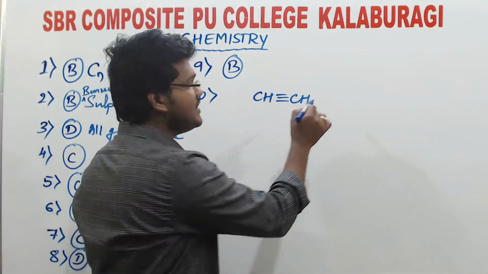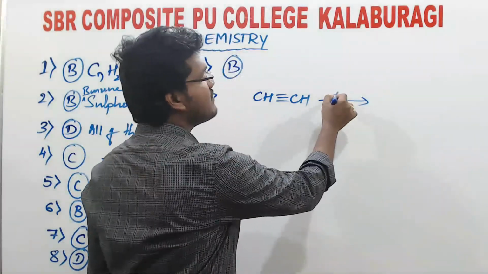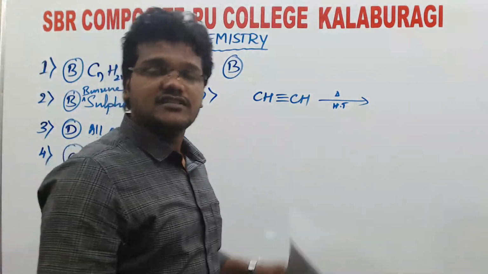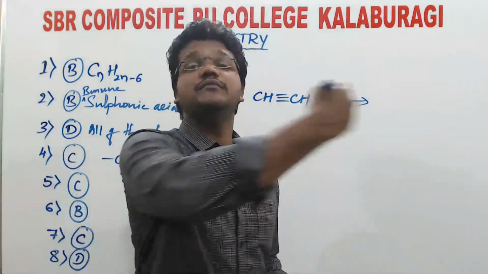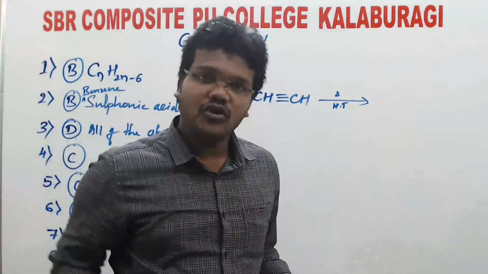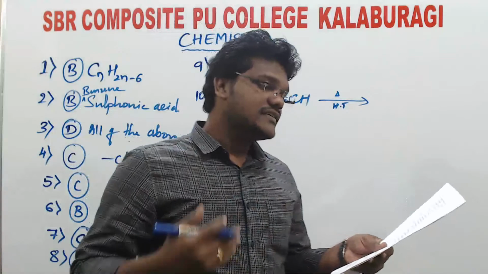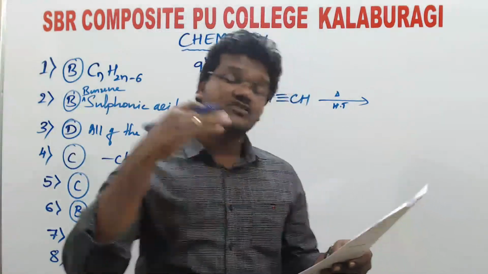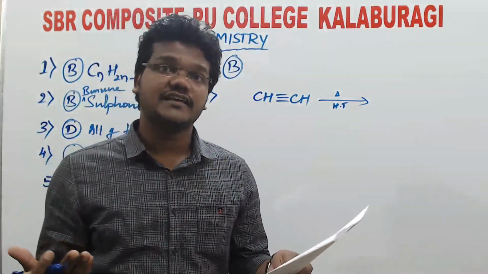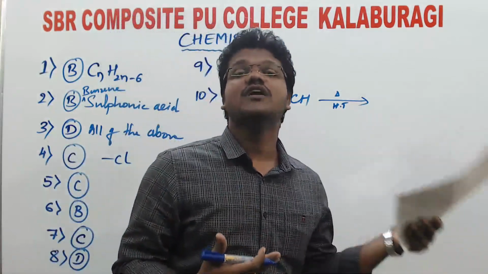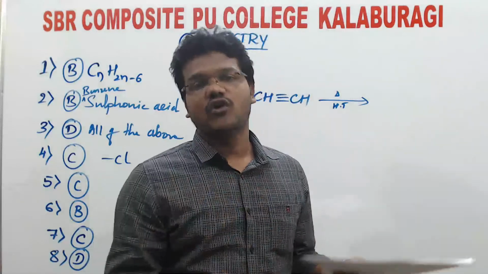This will undergo polymerization at very high temperature and high pressure. It's a monomer, and it will undergo cyclic polymerization, so as to give you benzene. Obviously, that is the way of preparation of benzene.